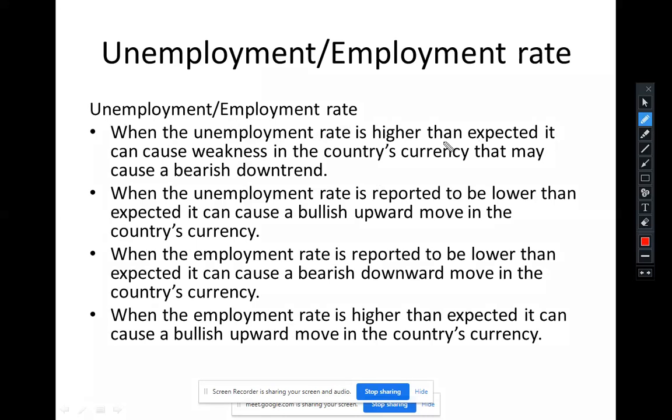When the unemployment rate is higher than expected, it can cause weakness in the country's currency that may cause a bearish downtrend.